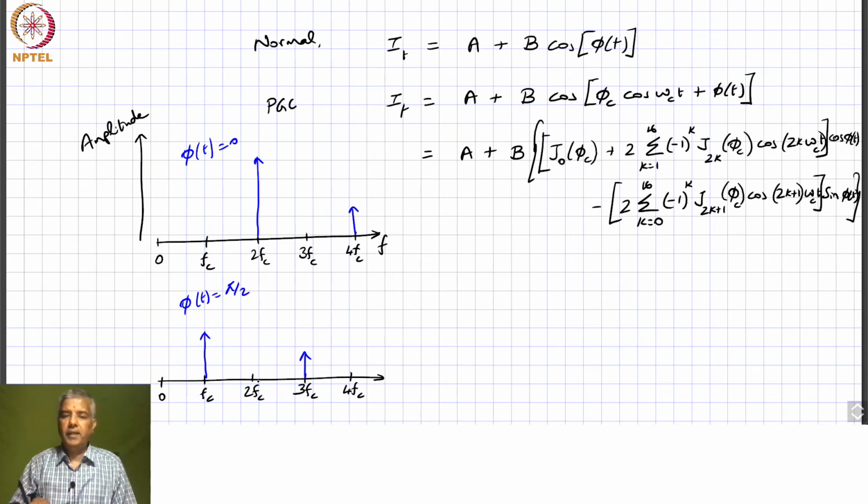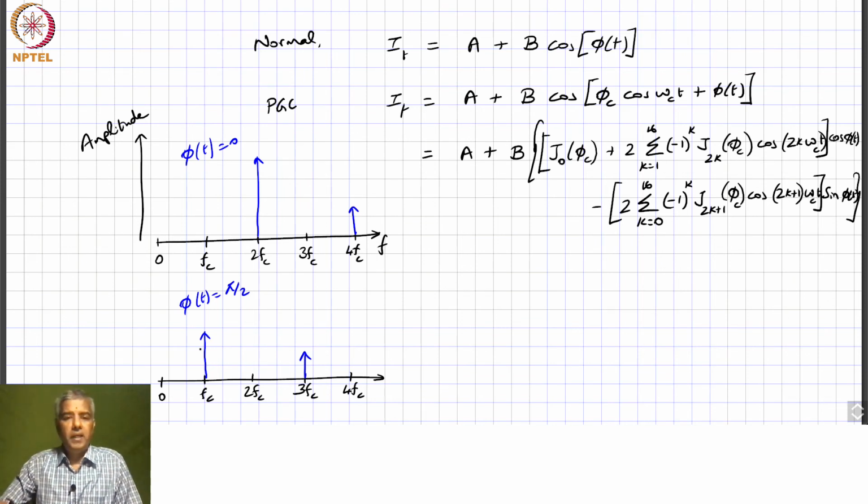Okay. And of course, if it's anything in between, then you will have both even and odd components, and depending upon whether it's closer to 0 or closer to pi by 2, either this will be dominant or this will be dominant, right. The 2fc component will be dominant or fc component will be dominant.